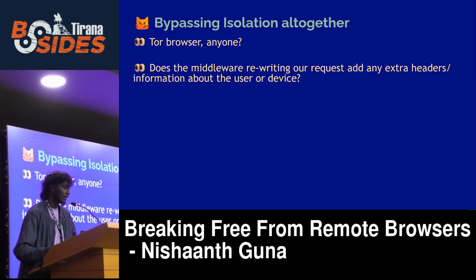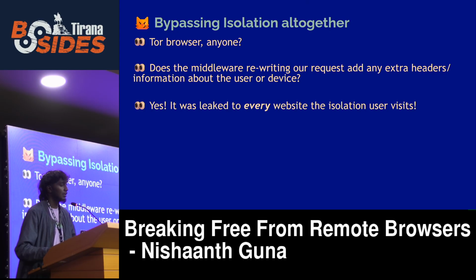Also, we were wondering what happens when a user who has an RBI product installed visits a website. Does the RBI product itself add any additional headers, cookies, or user identifiable information that can be used for fingerprinting? And it did.